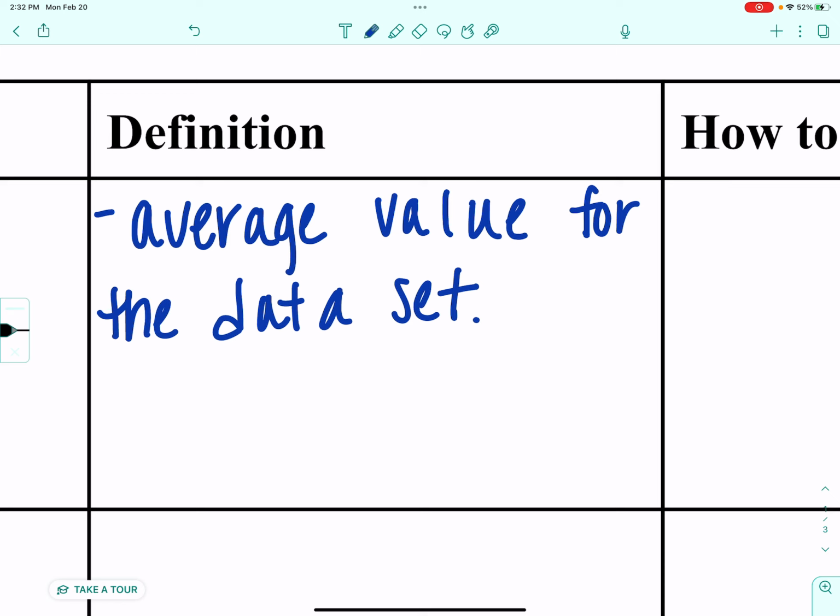If you have numbers in your data set that are very low or very high, the mean can be greatly influenced by those numbers. So anytime you are presented data that says the average sale price for a home in San Antonio, Texas is $450,000, you need to question where that data comes from and what type of data was in that set.